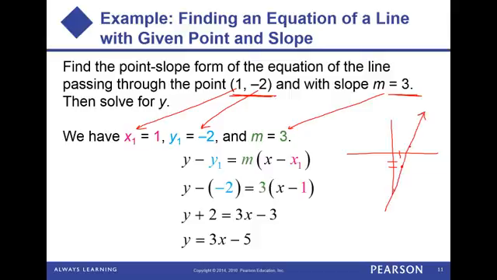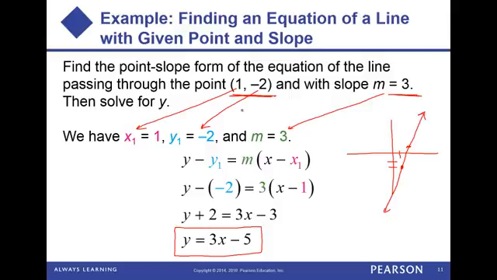Just by figuring that point out and the slope of this line, I get the equation. So we plug it in. Subtracting a negative is the same thing as adding, so we can go directly to here. You have to distribute the 3, and normally the way we want to write it is in slope-intercept form, and I'm sure you guys already know what slope-intercept form is.